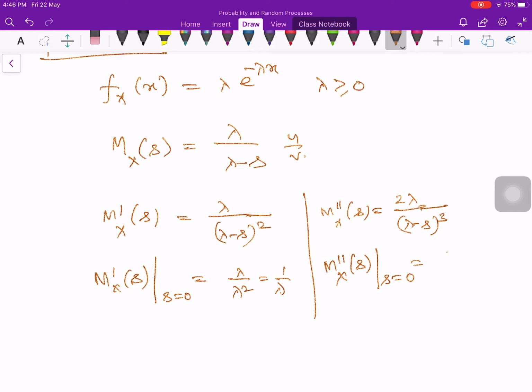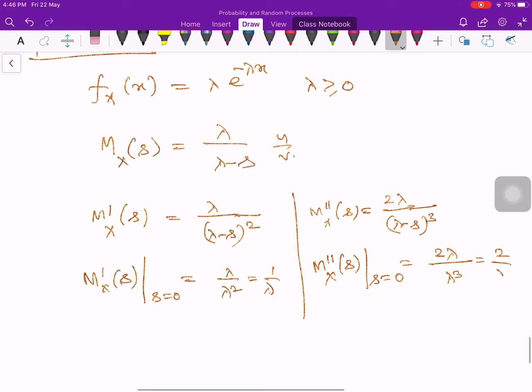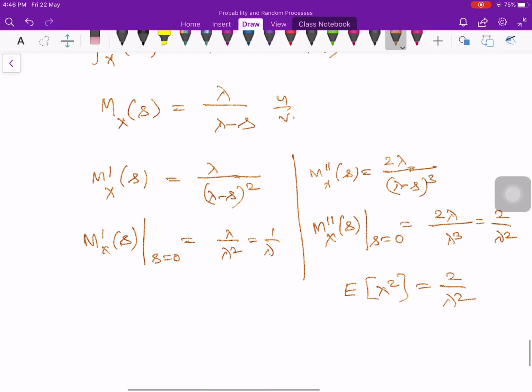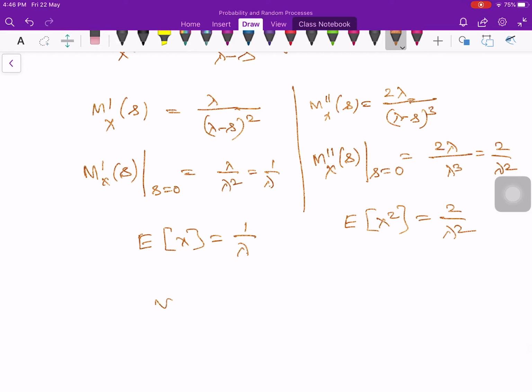This is 2 lambda over (lambda minus 0) whole cube, meaning lambda cube, so this is 2 over lambda squared. So the second order moment E of x squared equals 2 over lambda squared, and the first order moment E of x equals 1 over lambda. Now what is the variance of the exponential random variable?